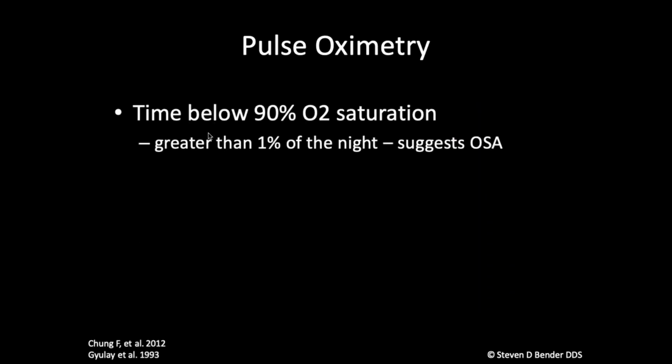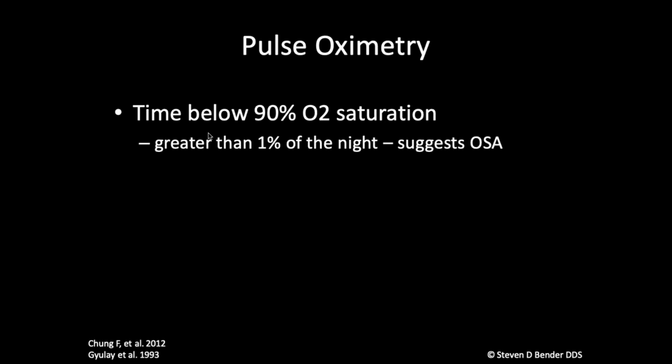So with pulse oximetry, there are basically two important parameters to look at. One is called T90, or time below 90% oxygen saturation. If that is greater than 1% of the time that it's worn, or 1% of the night, it is suggestive of obstructive sleep apnea.